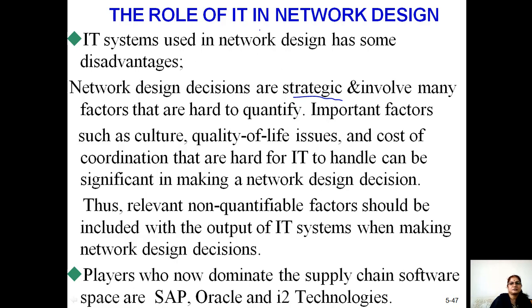For example, culture connected issues, quality of life, cost of coordination. All these things cannot be quantified, and once they can't be quantified, they cannot be expressed in mathematical form, and then the IT system fails to handle them. So these relevant non-quantifiable factors have to be manually considered along with the results of the IT system. The dominating players in the market today are Oracle and SAP in developing these network design decisions.